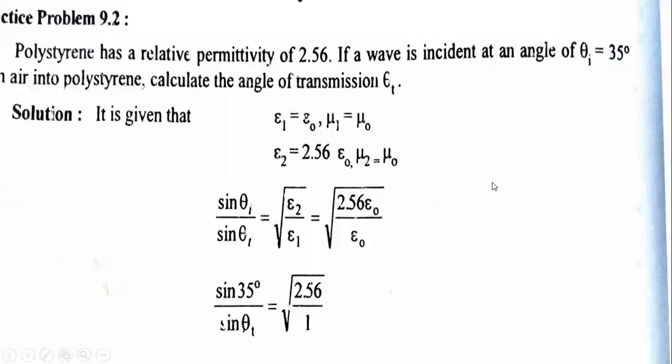Now go for the second numerical. Polystyrene has a relative permittivity of 2.56.